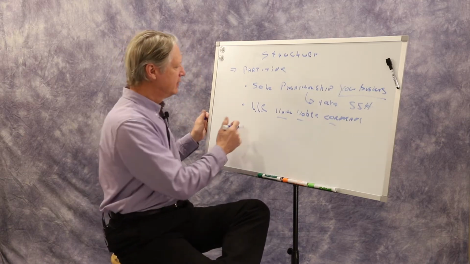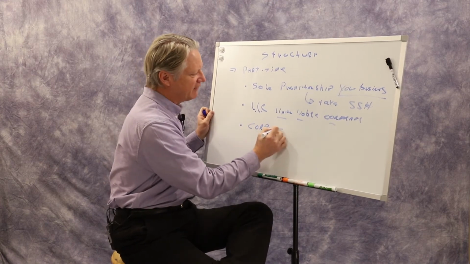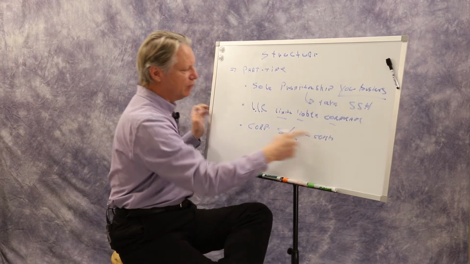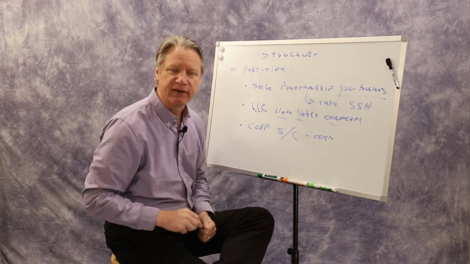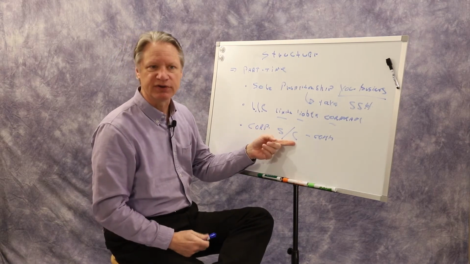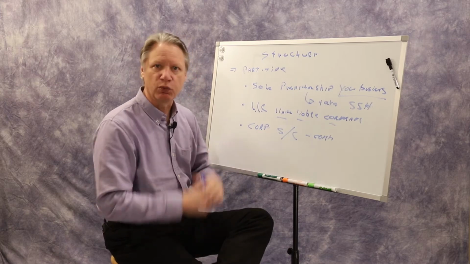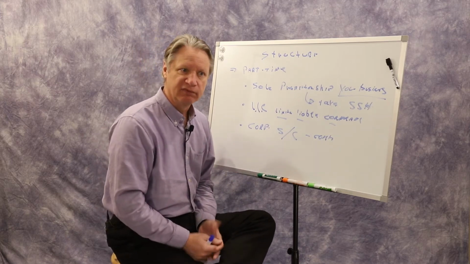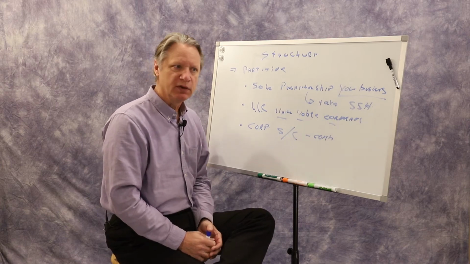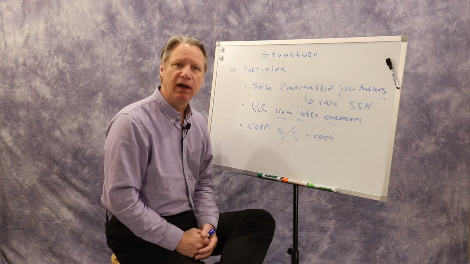Okay? Then you have the basic corporation. You have an S and a C corp. There's two ways to run a corporation. S is kind of a standard, and subchapter C is kind of a special. Okay, I was a standard regular corporation for 20-some years, 25 years. I thought it was the best way for me to handle business.